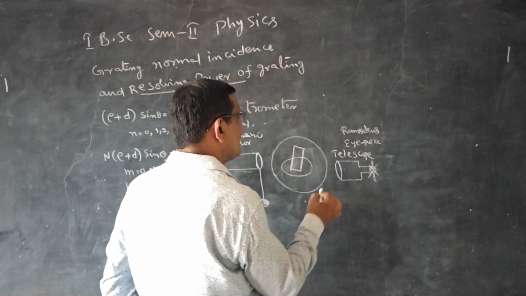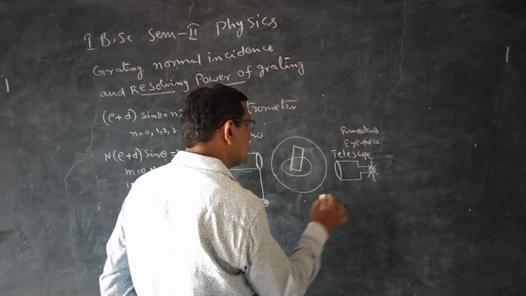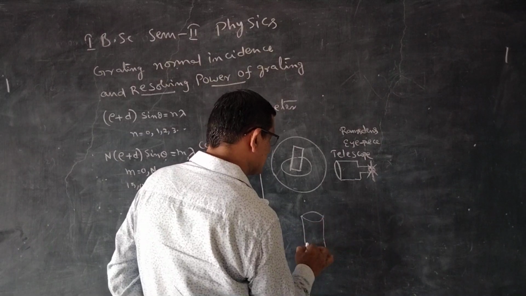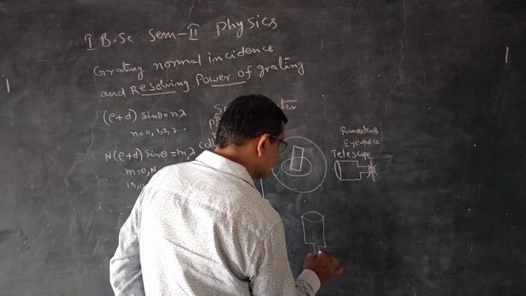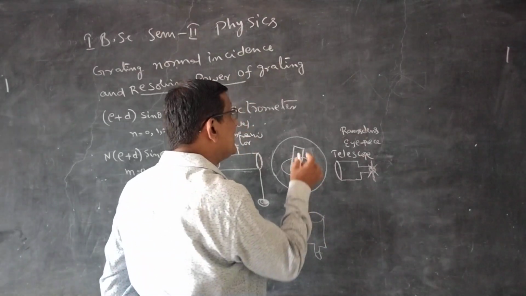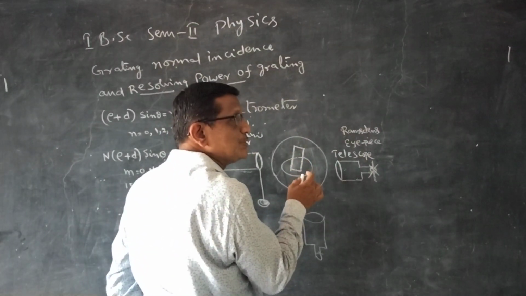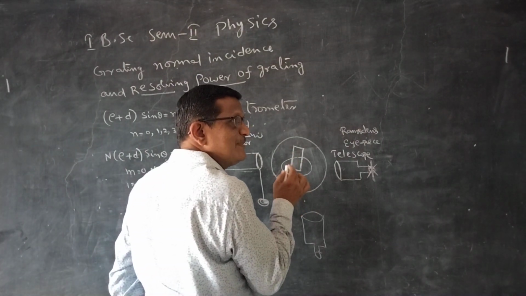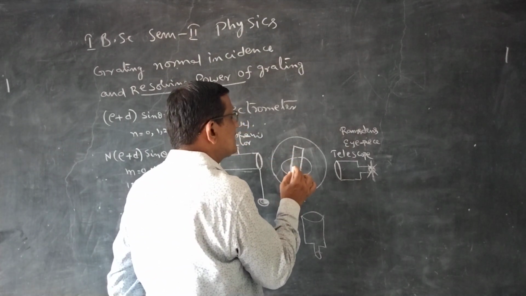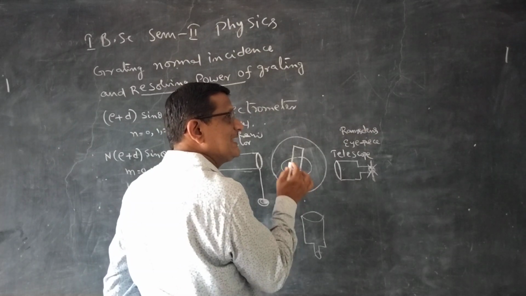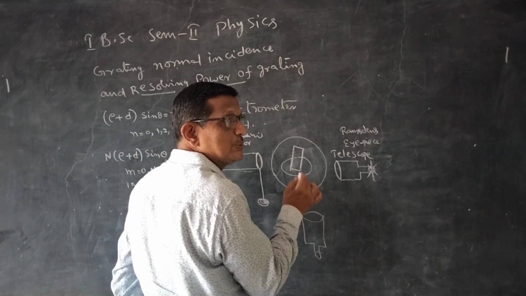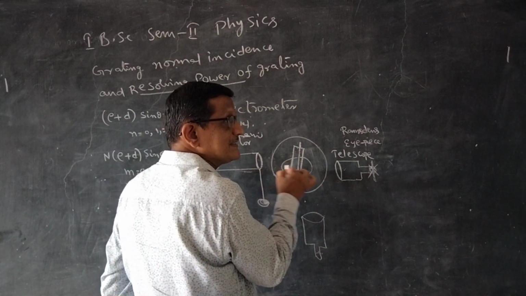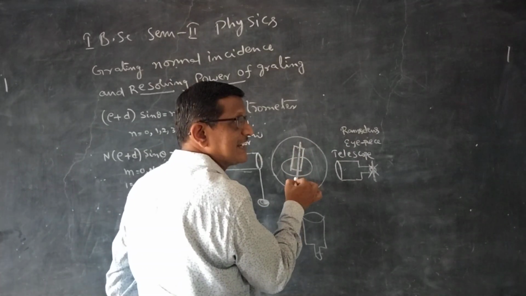Next, the first adjustment is that the telescope is turned through an angle of 90 degrees. Then this is the position of the telescope. Now the grating is placed on the table and it is rotated through an angle of 45 degrees. For the same incident wave, if the mirror turns through an angle theta, the reflected ray turns through an angle 2 theta, so it makes 45 degrees to the horizontal, and the grating makes 45 degrees with the horizontal.